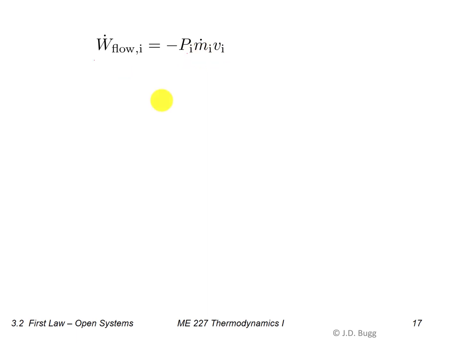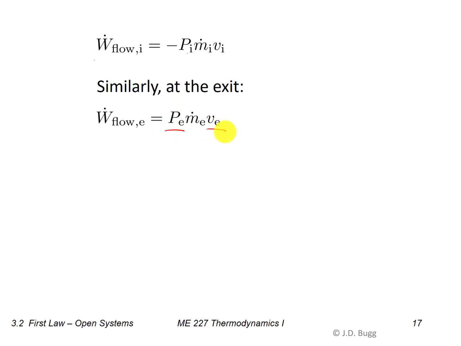Now we've been focusing on the inlet, but we could have had this entire discussion at the exit if we wished. And everything that we've talked about would be the same. There's only two differences. First of all, these properties, the pressure and specific volume, would have to be evaluated at the exit, so they have a different subscript.